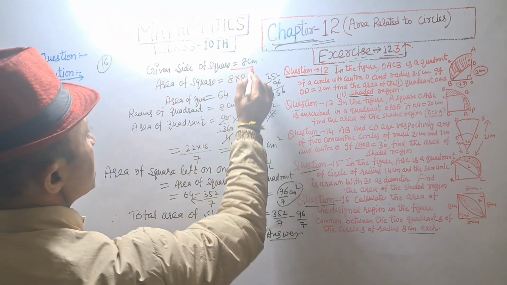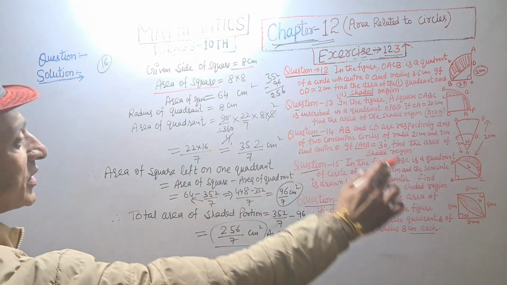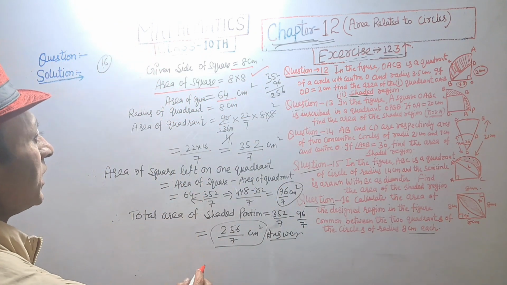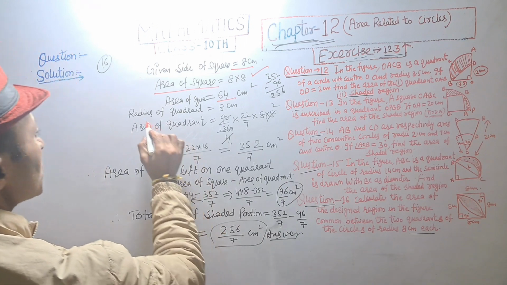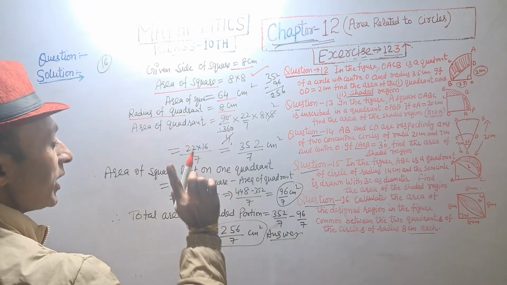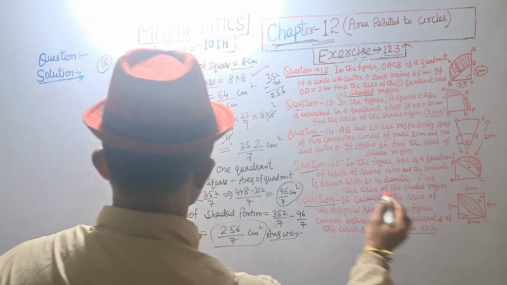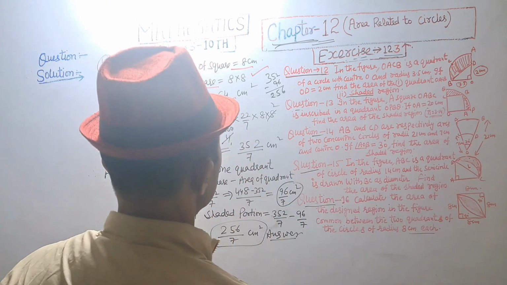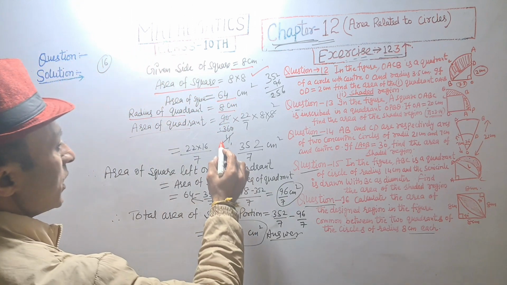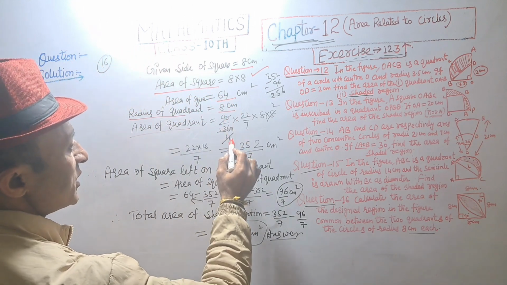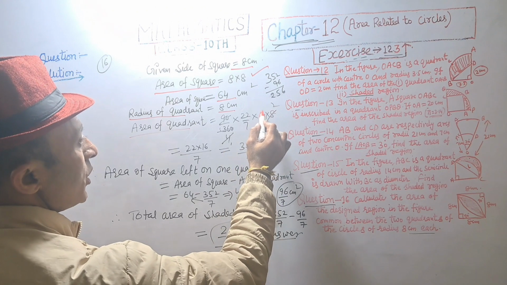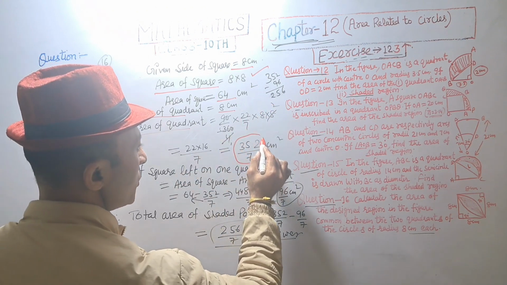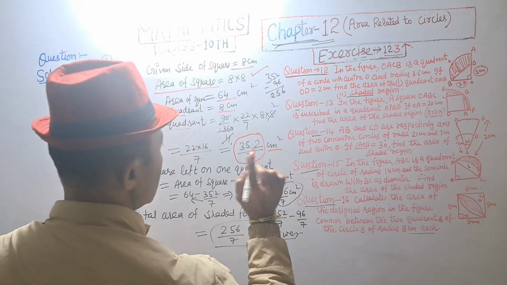Given the side of the square is 8 centimeter, and the area of the square is side into side, that is equal to 64 centimeter square. The radius of the quadrant is equal to 8 centimeter, and the area of the quadrant is 90 upon 360 into pi r square, that is 16 into 22, that is 352 divided by 7 centimeter square.